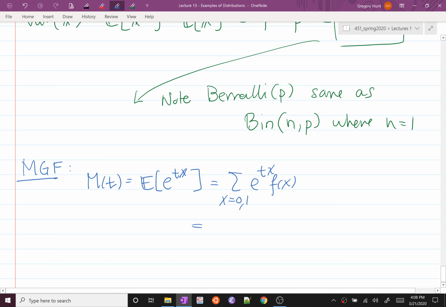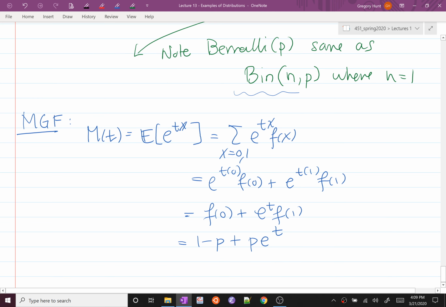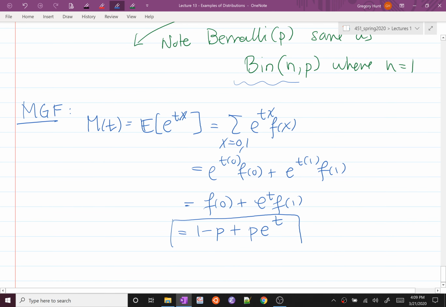It's e to the t times 0 times f of 0, plus e to the t times 1 times f of 1. Plugging in 0 and 1, e to the t times 0 is 1, so we get f of 0 plus e to the t times f of 1. F of 0 is 1 minus p, and f of 1 is p. So we get 1 minus p plus p e to the t, which, if you remember our MGF for a binomial, which I believe we derived already, is exactly what we get when n is equal to 1. But that's the MGF there.